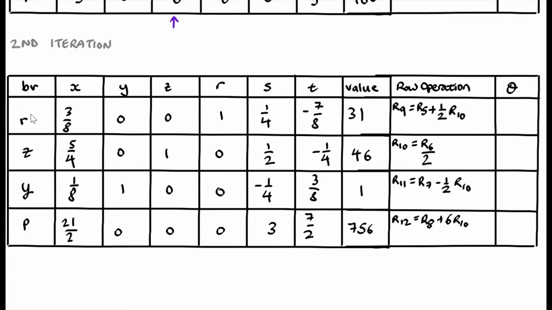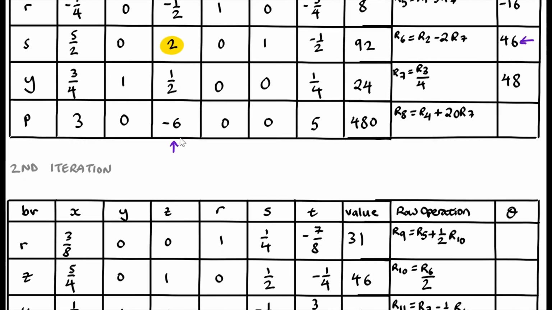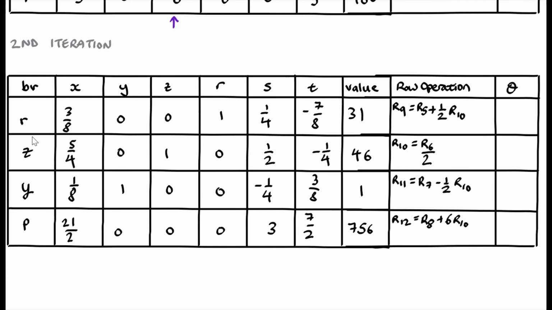And you'll see R over here, which, if we go back to the question, we're looking at impact plants and R is associated with that plant. You'll see essentially we have a slack of 31, and so we want to increase by 20. Now slack obviously is the amount between the actual quantity and the maximum possible value of that quantity.